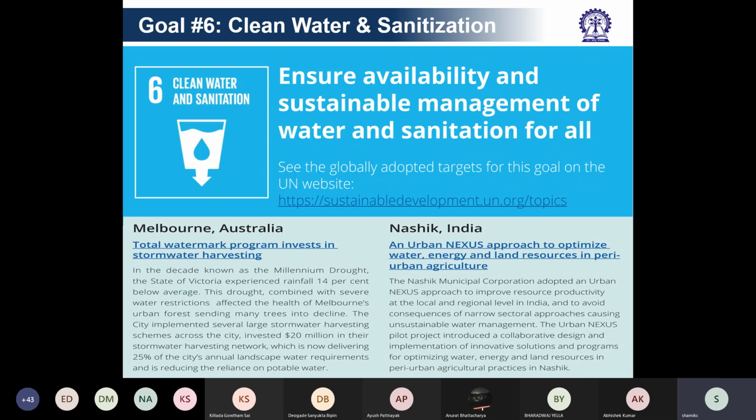Then goal 6 is about clean water and sanitation. Everyone on earth should have access to safe and affordable drinking water, which is goal 6. While many people take clean drinking water and sanitation for granted, many don't. Water scarcity, in fact, affects more than 40% of people around the world, and that number is projected to go even higher as a result of climate change.